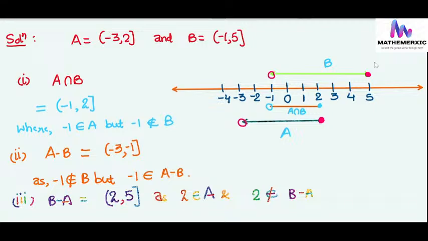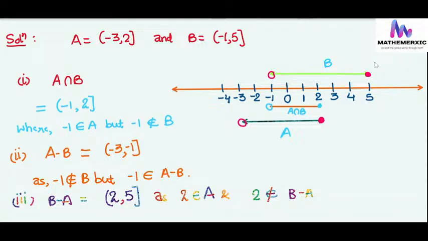Why? Because we are doing B minus A, and for A also we have 2 there in a closed bracket. That's the reason it will be an open bracket there and a closed bracket at 5. And in the case of A minus B, if you do minus B, minus 1 is not there now, so it will be minus 3 open bracket and minus 1.